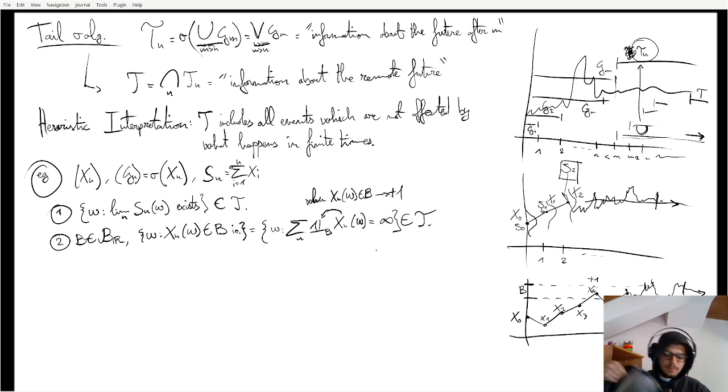And this, in particular, can be related to the number of upcrossings, which we will see in the final part of the course about martingales.